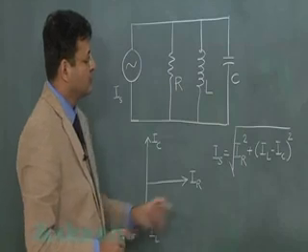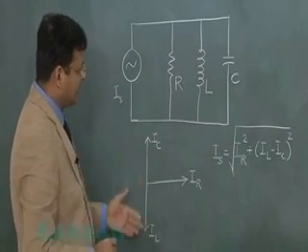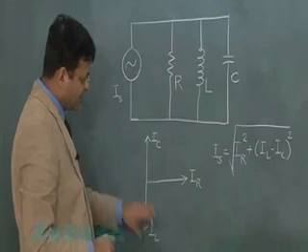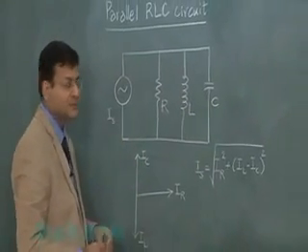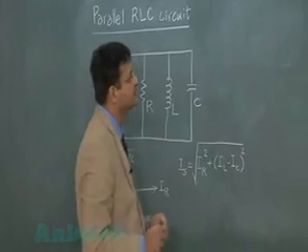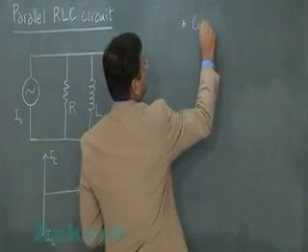If you see the situation here, you can also say that the phase difference between the current through the inductor and through the capacitor is 180 degrees. You understand?